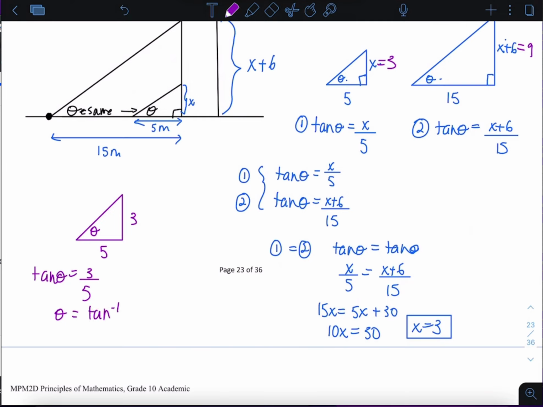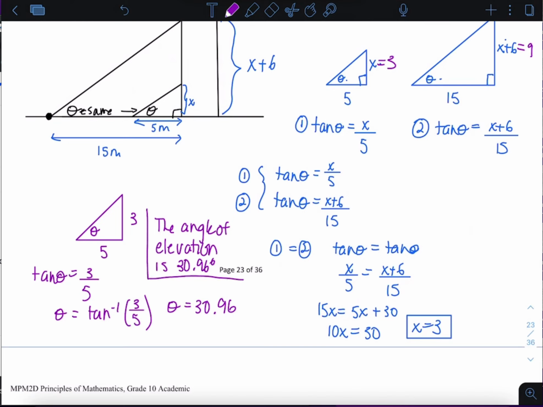Tan inverse 3 over 5, theta equals 30.96. So we can say the angle of elevation is 30.96 degrees.